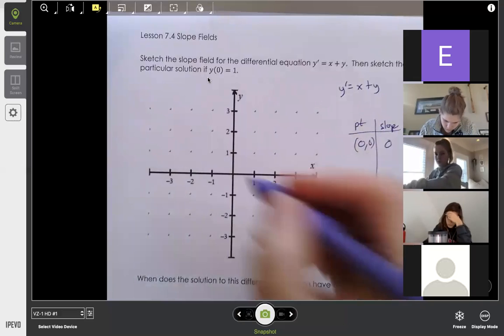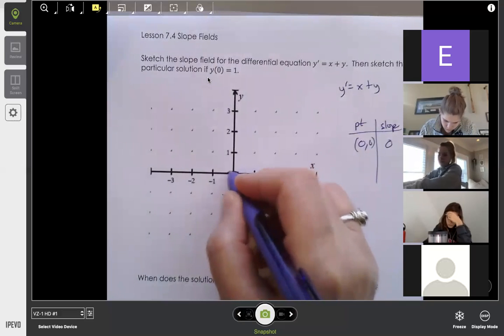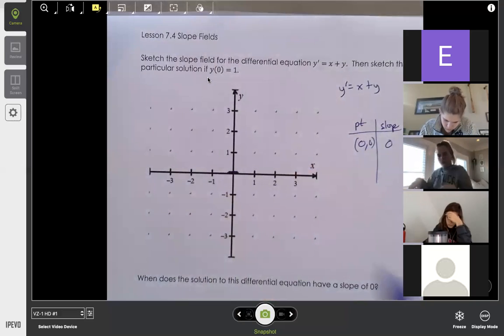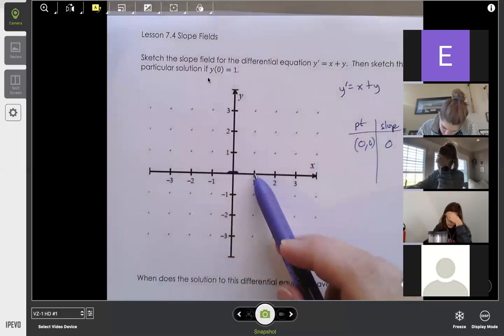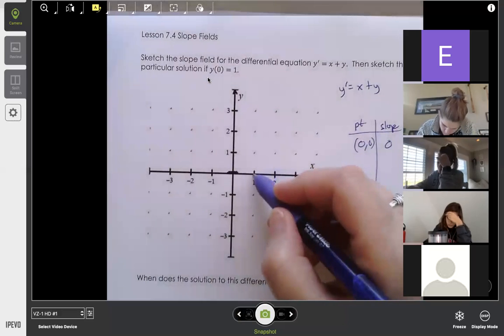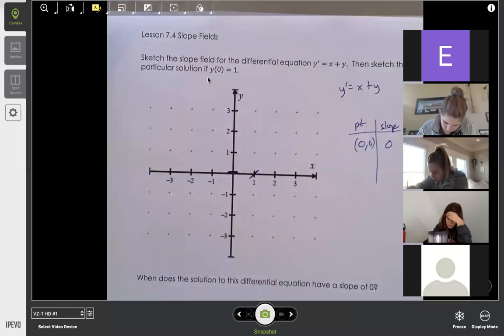Yeah. Okay, so moving over here to 1, 0, the slope would be 1. You just add the x and y coordinate. And again, try to make it have the right slope.